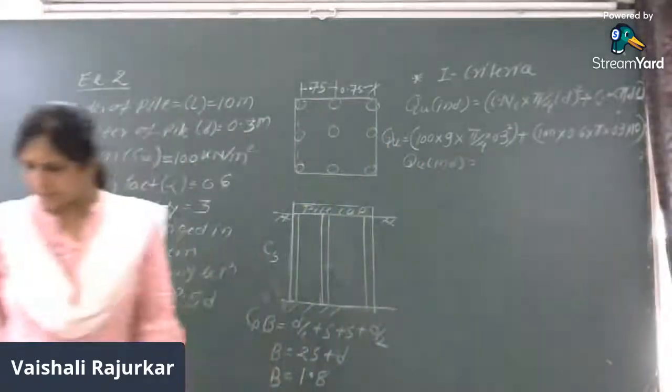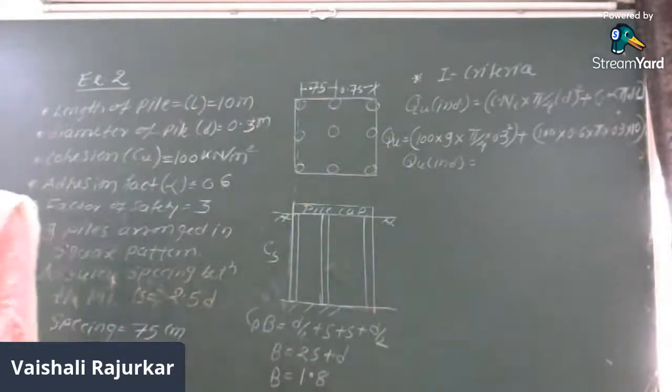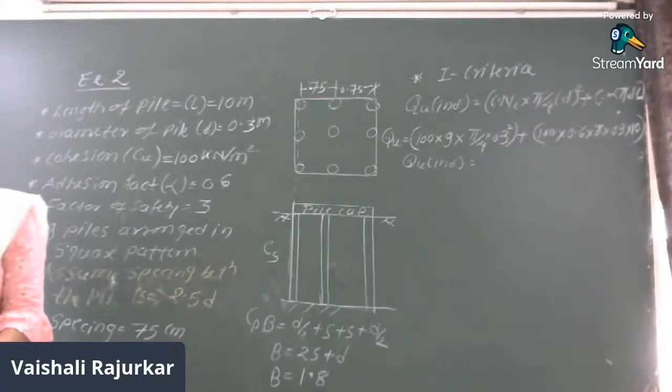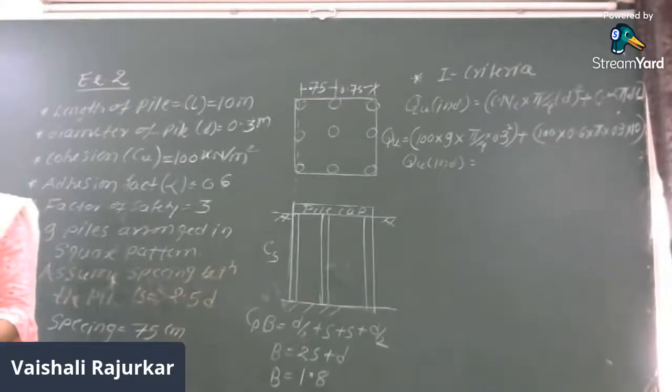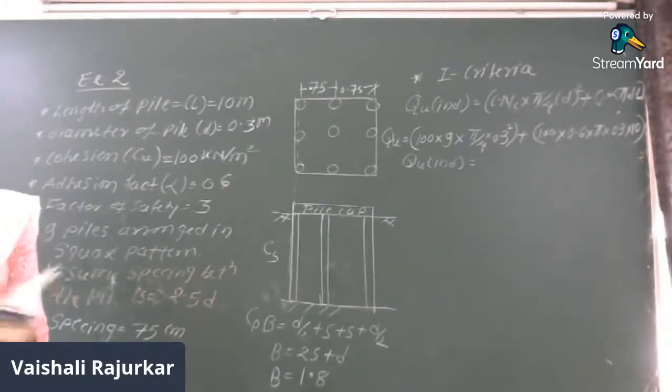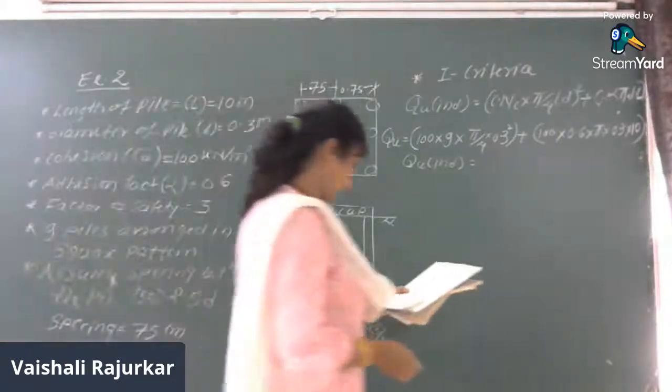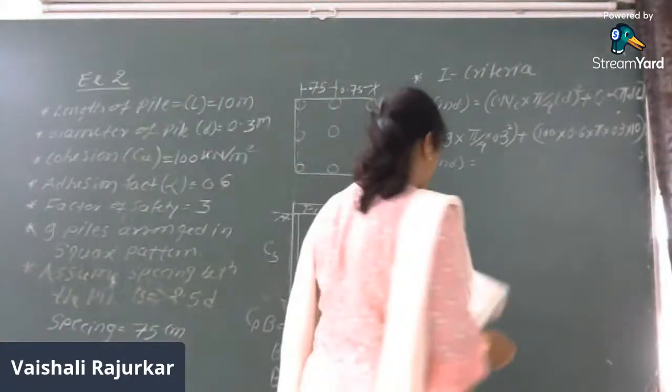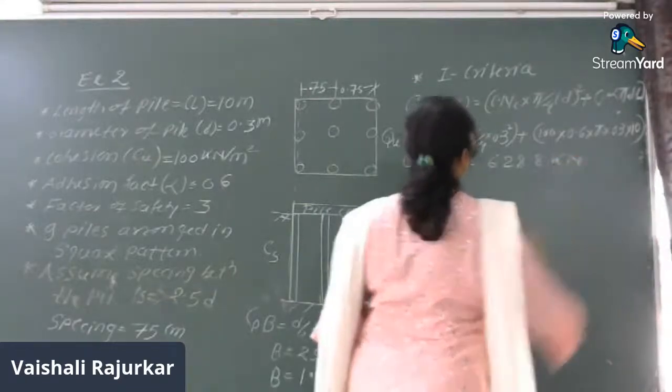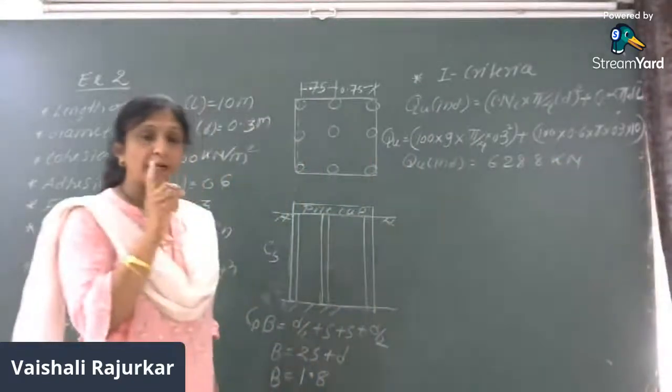QU individual is found to be 628.8 kN. So this is the load carrying capacity for an individual pile.